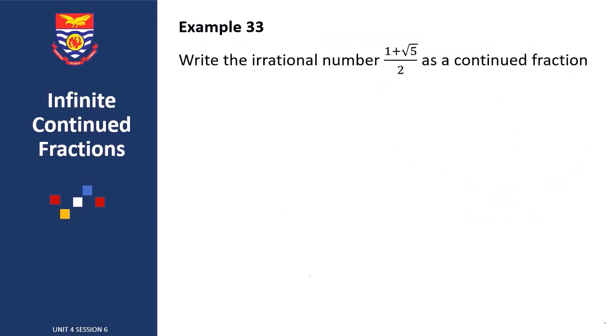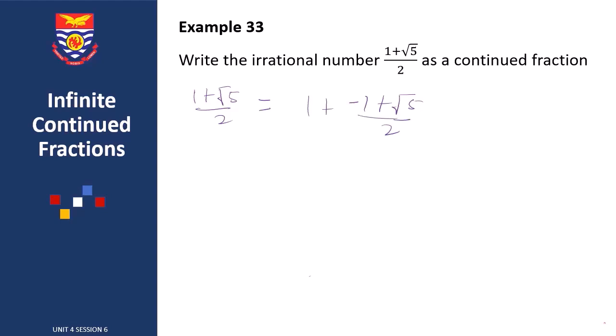Let's look at example 33. Write the irrational number (1 plus root 5) on 2 as a continued fraction. We can write (1 plus root 5) all on 2 as 1 plus, let's say, minus 1 plus root 5 all on 2, and I hope you agree with me.